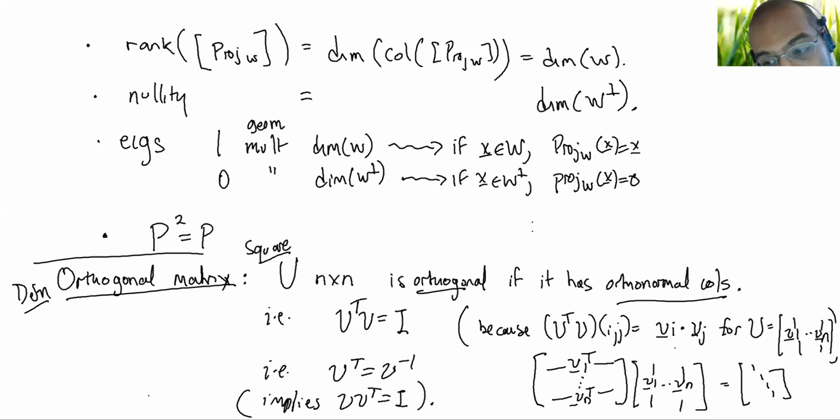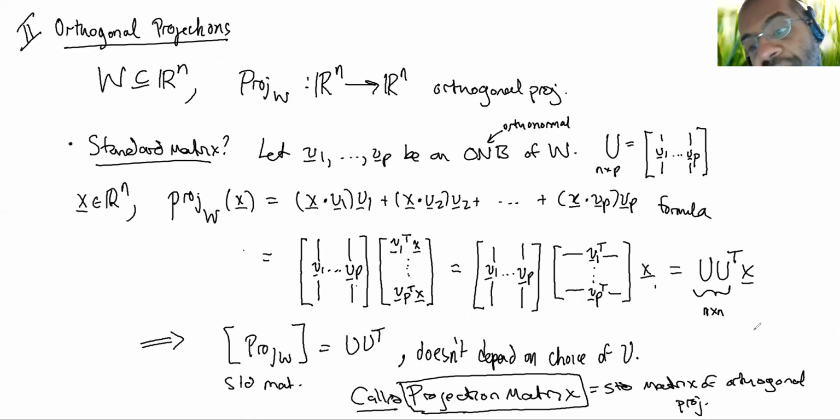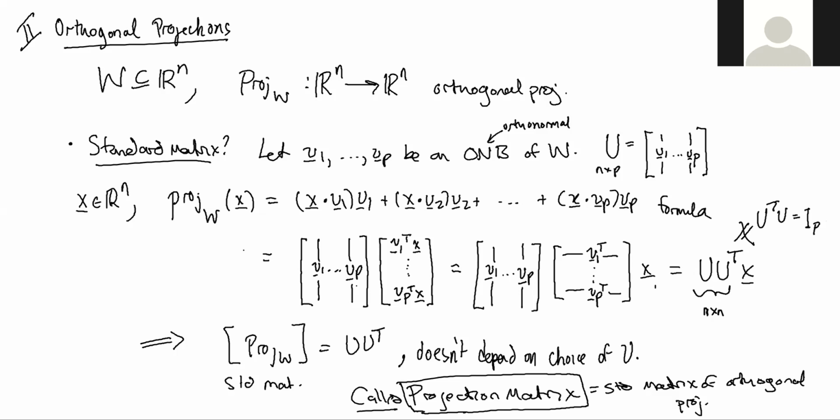If you have any matrix with orthonormal columns, then U transpose U equals I. But UU transpose in general is a projection matrix. It cannot be I. That's the distinction I want to make here: for a projection matrix, UU transpose is not the same as U transpose U, which is equal to the P by P identity. Okay, thank you. So that's what an orthogonal matrix is.